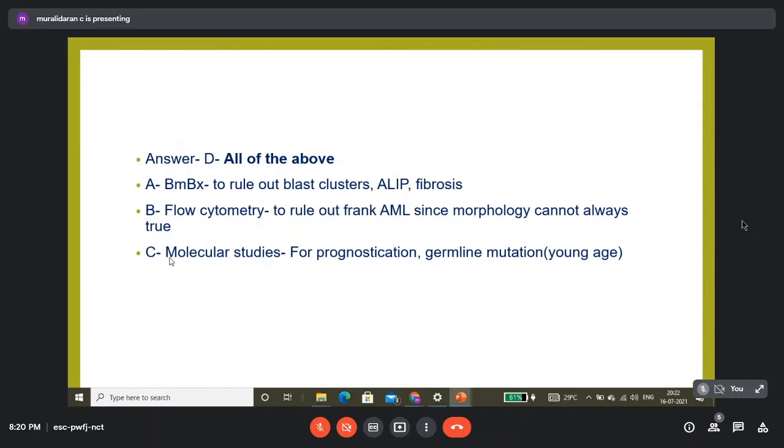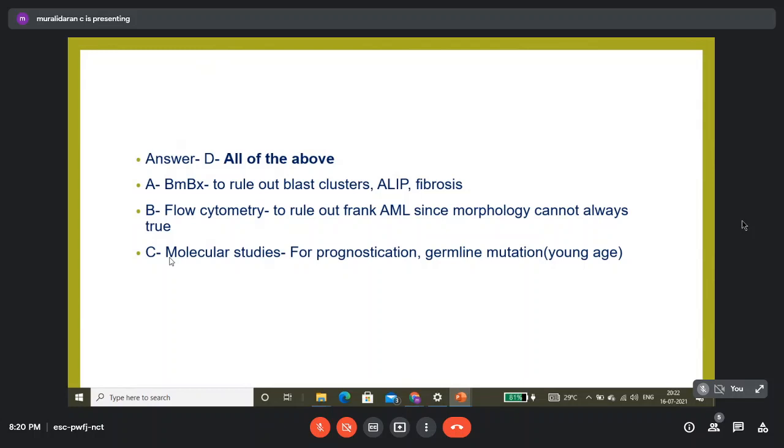And flow, as I told you, is important in this case also because we know that there are certain AMLs that can show MDS-like pictures. They can show micromegakaryocytes. They can show pseudo-Pelger-Huet anomaly in the neutrophils, hypogranulation. So if you are diagnosing a given case as MDS with EB1 based only on morphology, there are some entities that you can pick without cytogenetics also.